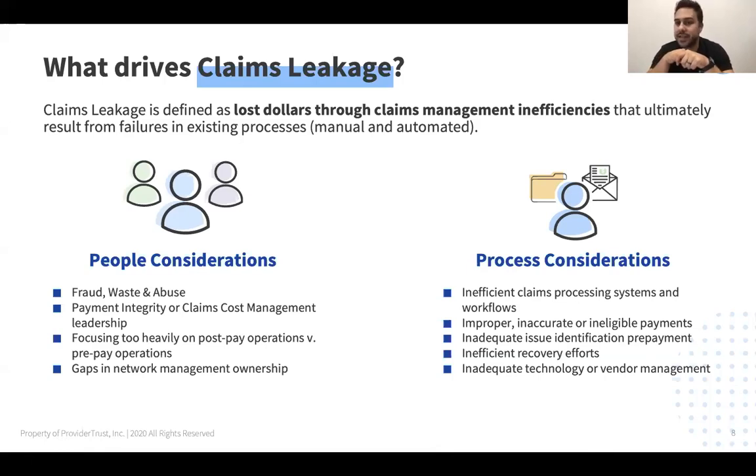We will absolutely touch more on this today. From a process consideration, really inefficiencies in claims processing systems and workflows, improper, inaccurate, or ineligible payments, and we'll touch on that quite a bit too. Inadequate issue identification prepayment, so before you process that claim, inefficient recovery efforts, inadequate technology or vendor management. That is claims leakage at the 40,000 foot view.